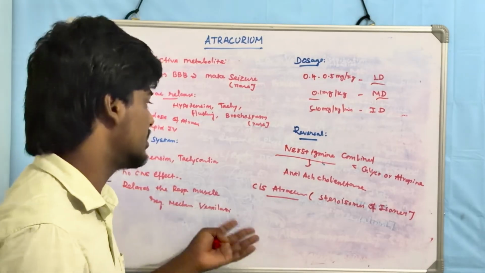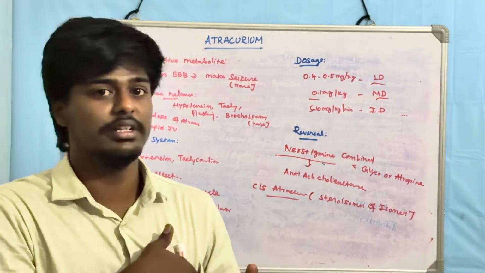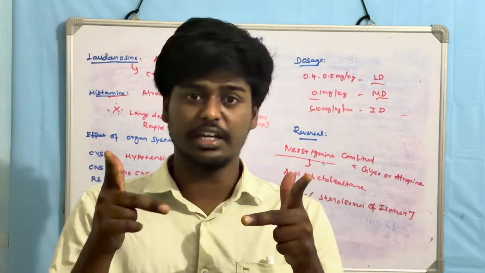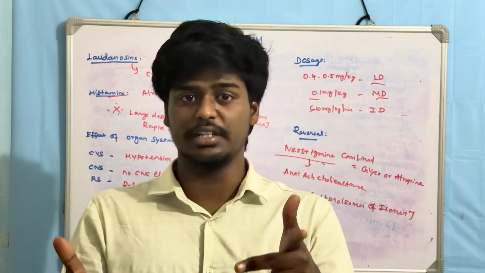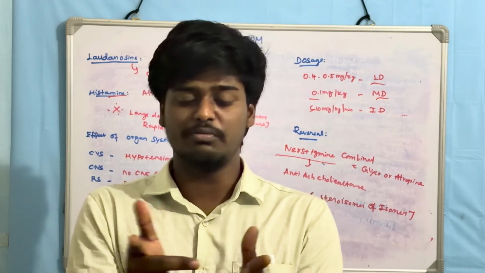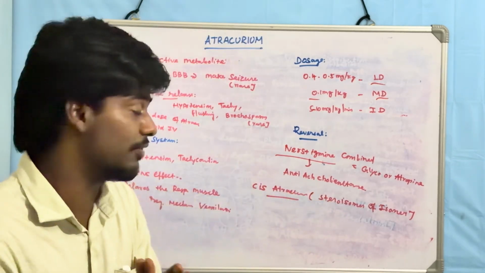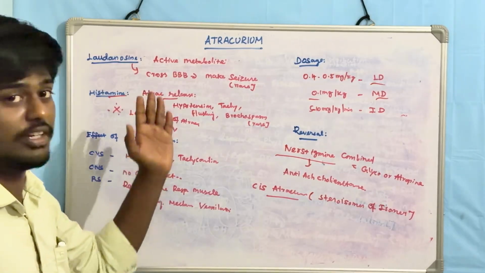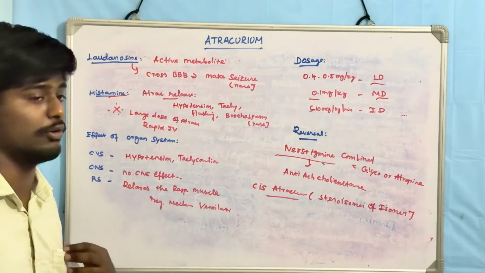That is called a stereoisomer. For example, take two hands. Both have three fingers, but they are not overlapping. Somewhere that kind of difference exists between cisatracurium and normal Atracurium.